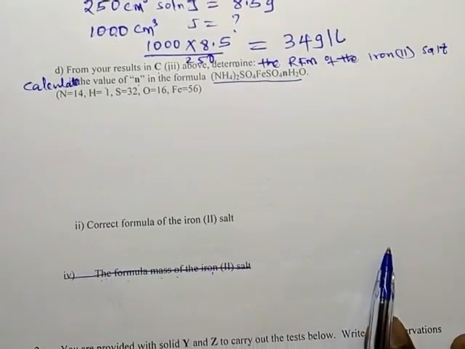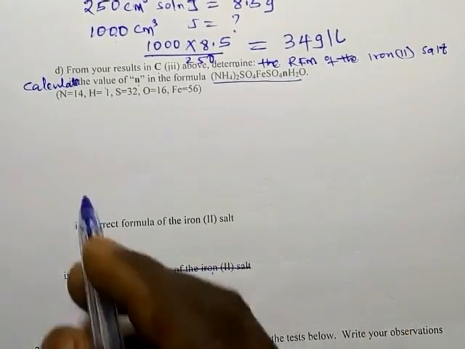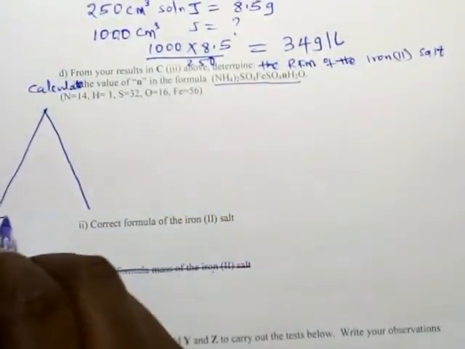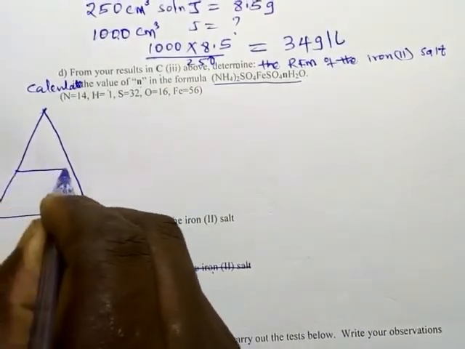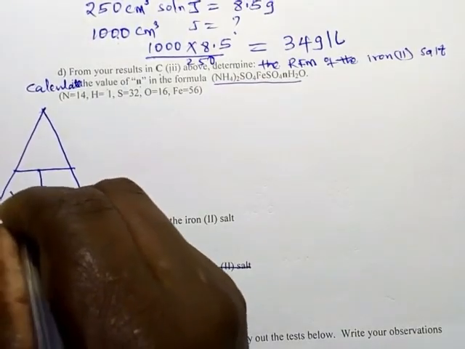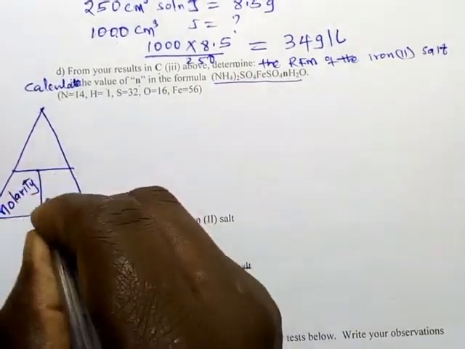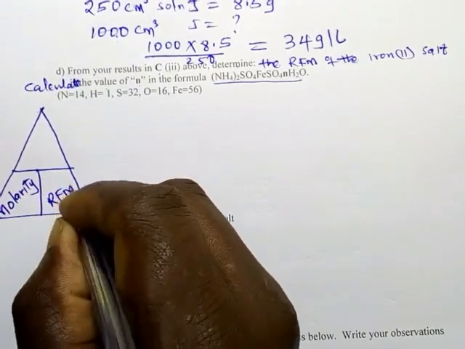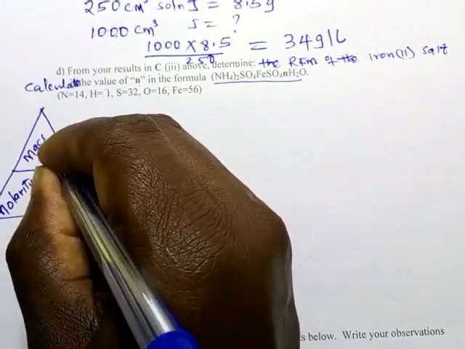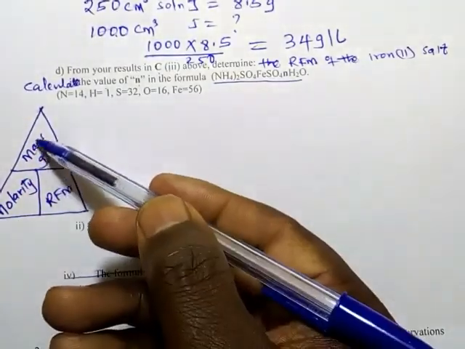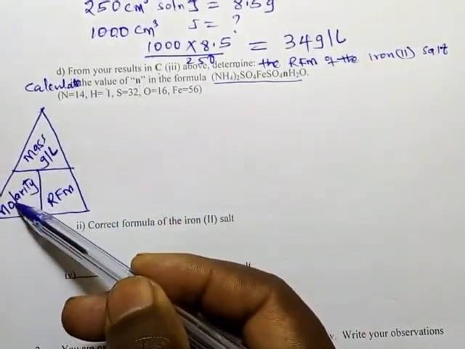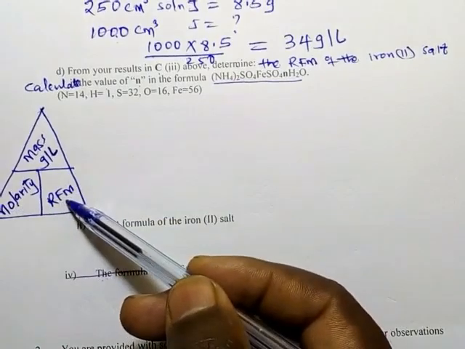So let us see how to calculate RFM. There is always this triangle I will always give you: molarity, RFM, mass in grams per liter. Once you have the mass in grams per liter of a substance and its molarity, you will get the RFM very easily.